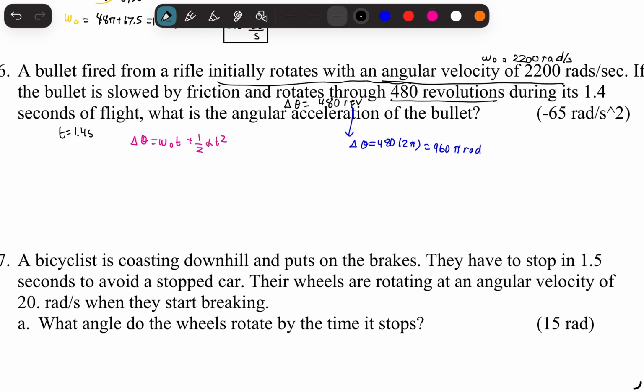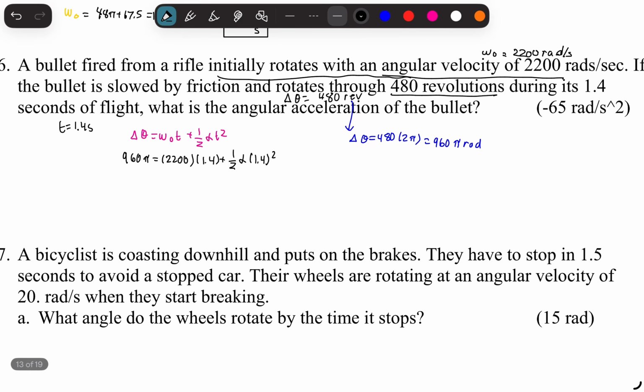So now we can substitute in our values, and we have 960 pi is equal to 2,200 times 1.4 plus 1/2 times the angular acceleration and 1.4 squared. So if you simplify that down, you have 960 pi is equal to 3,080 plus 0.98 angular acceleration.